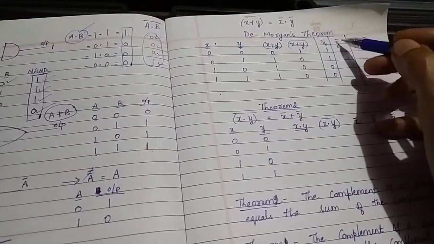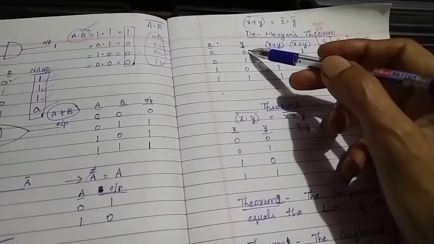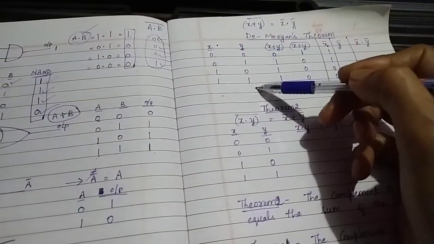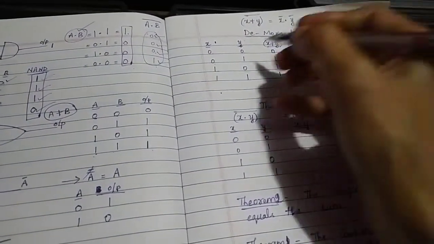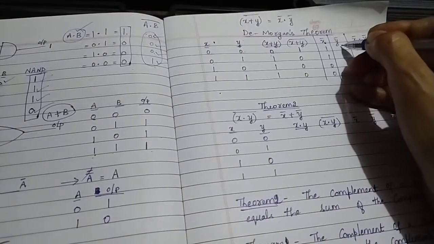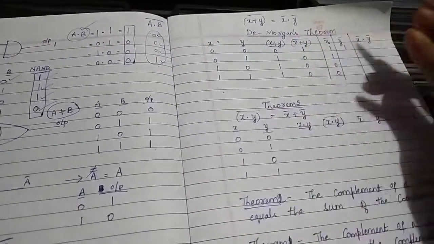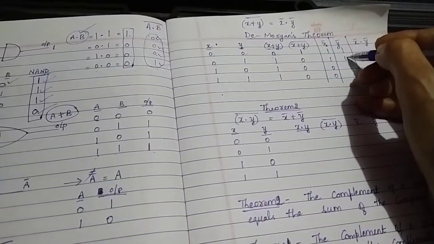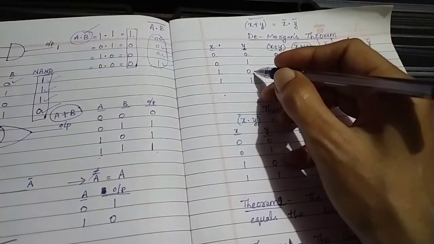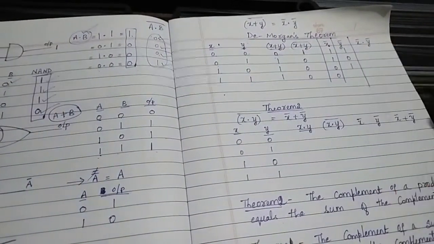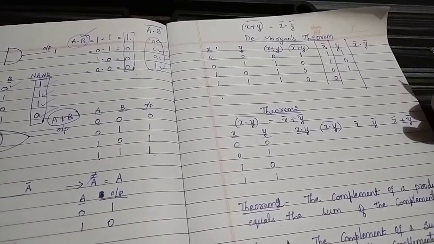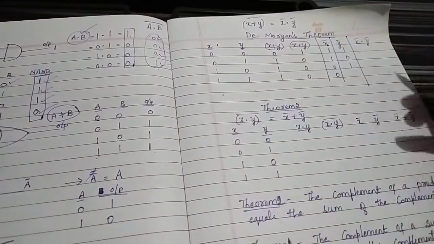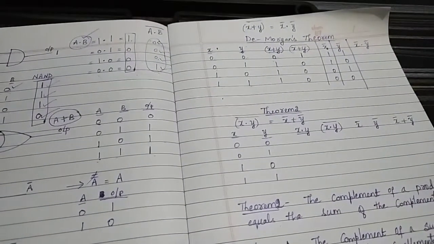Now y complement: you take the opposite value of the y column. Since there is 0 here, I am writing 1. Since there is 1 here, I am writing 0. Since there is 0 here, I am writing the binary number 1. Since there is 1 here, I am writing 0.